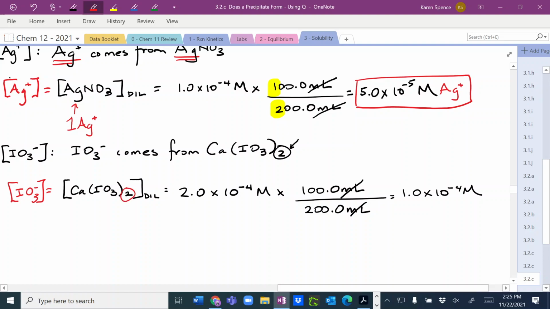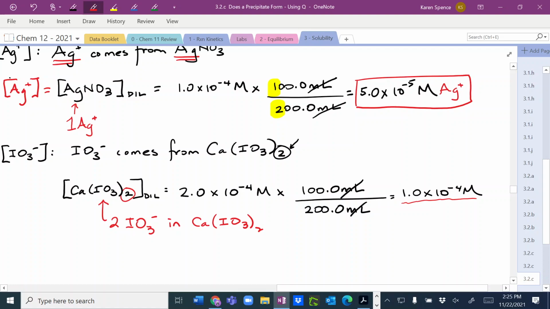I cannot do that, because of the ratio of calcium iodate to iodate: there are 2 IO3 minus in calcium iodate. So what am I going to have to do with the 1.0 times 10 to the negative 4?